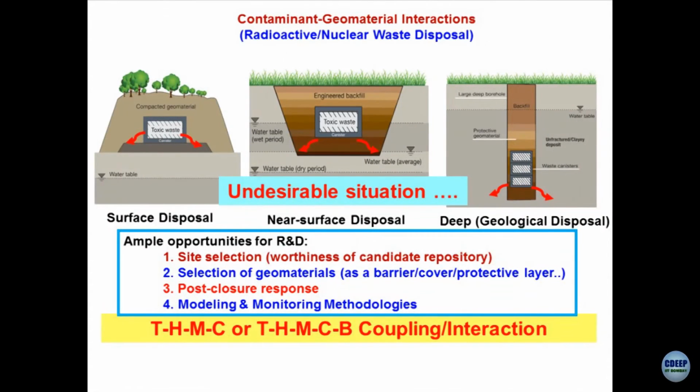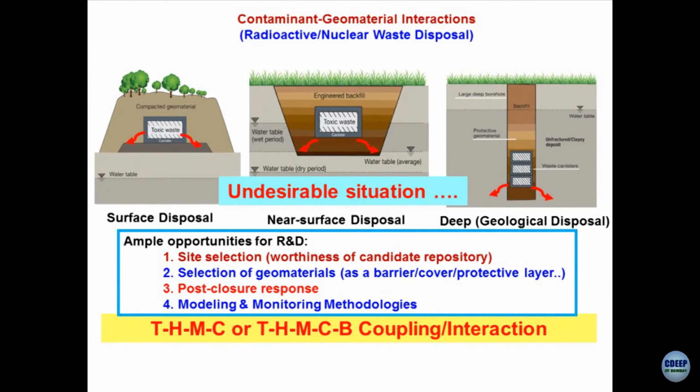Now, the question is how would you check this? All these things are studied under the realm of post disposal. This is a big word, post disposal, or near surface disposal people call it, or disposal of atomic waste, and this is where geotechnical engineers play a very important role.